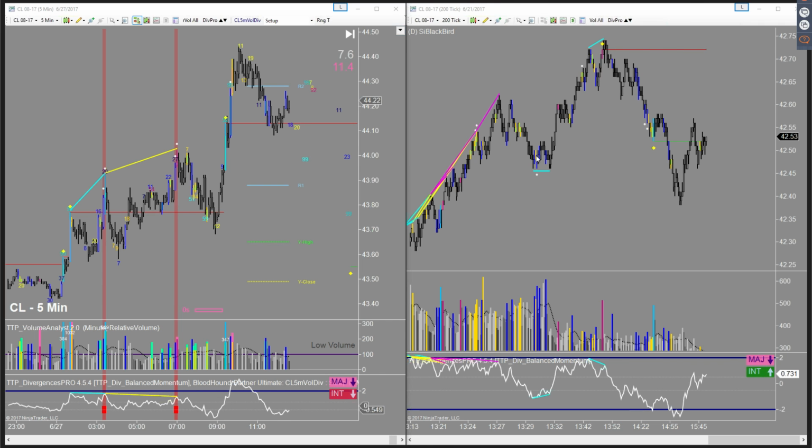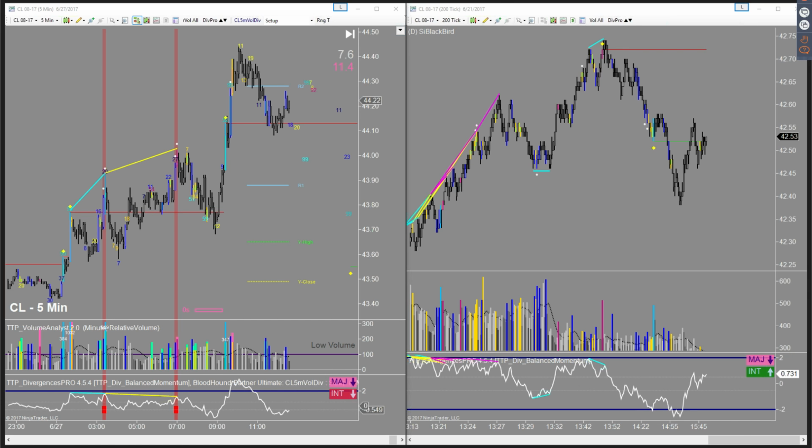what we can do is we can read BloodHound signals from any chart now. So what we've done is we've combined this type of a signal reading system using several different indicators. We can access all of the volume signals from any chart, all of the divergence signals from any chart, all of the market geometry areas from any chart, and actually BloodHound signals from any chart.